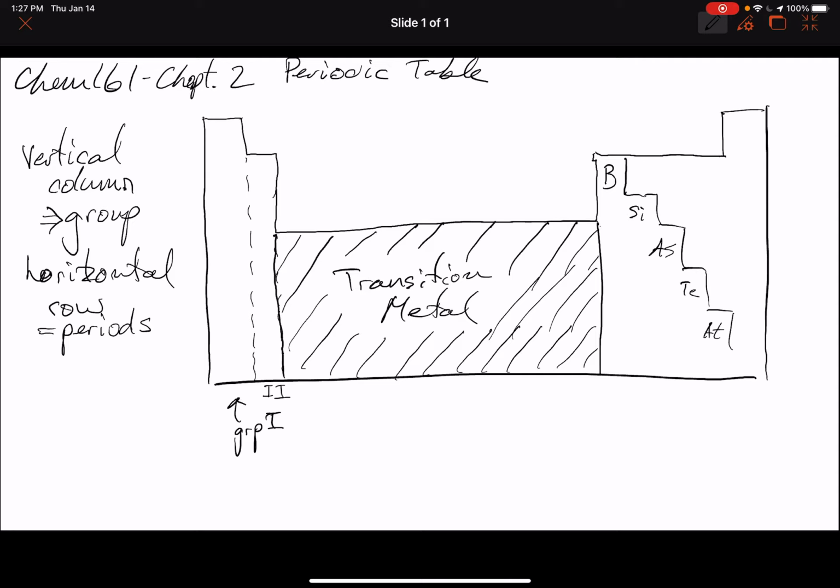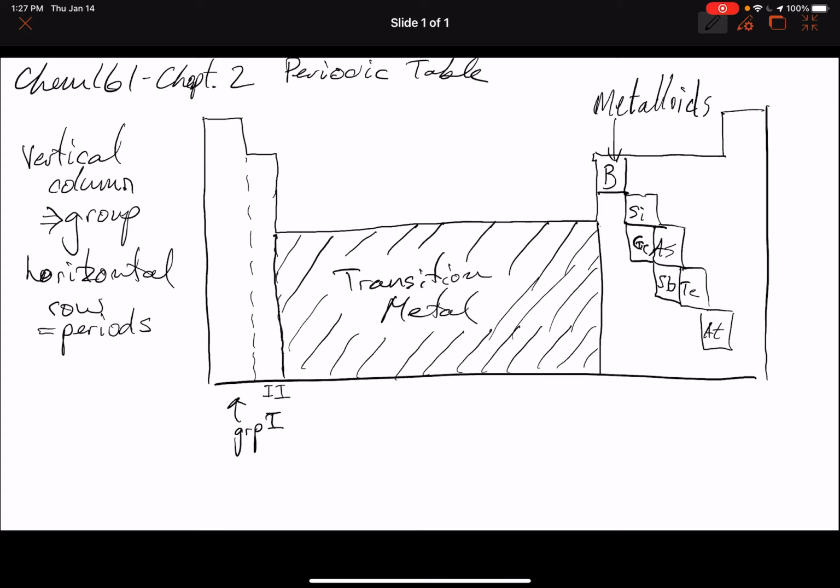And these elements, including germanium, which sits right here, and antimony, Sb, are what we call the metalloid elements. So all those listed specifically, boron, silicon, germanium, arsenic, antimony, tellurium, astatine, those are all the metalloids.